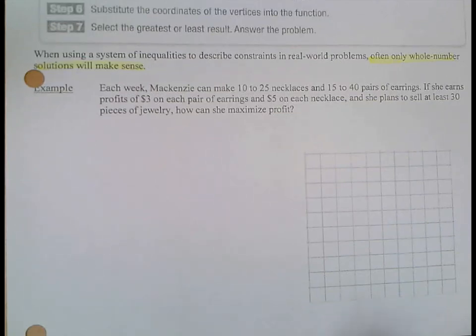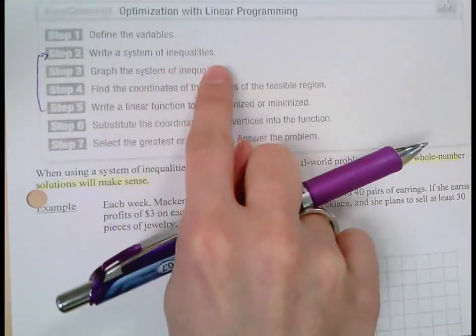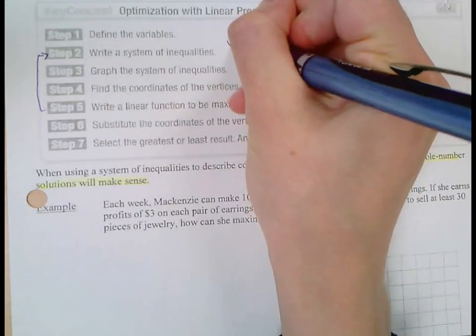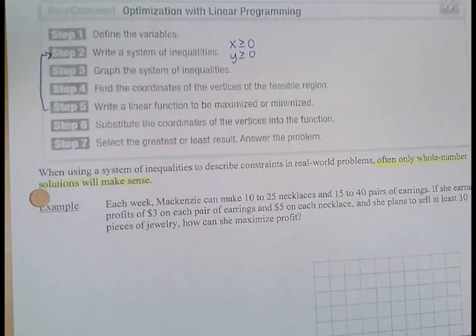Another thing I want to add, though, back up in step 2, is all of your systems of inequalities that you write should include these two inequalities. X and Y should both be greater than or equal to 0. Sometimes these are already included in the problem itself.